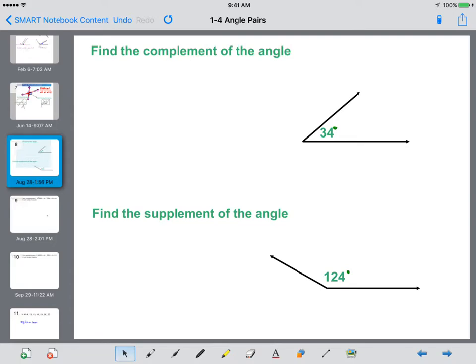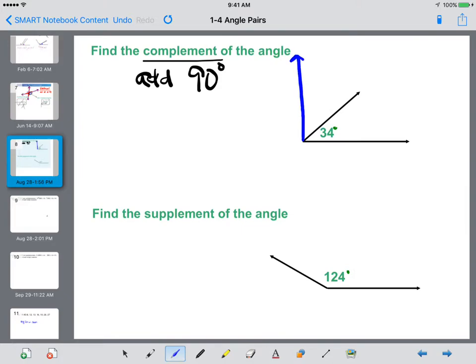All right, find the complement of the angle. Complement in this case means we need to figure out what other angle we need in order to add to 90 degrees. So if we had an angle here of 34 degrees and we wanted to get to 90 degrees, what would this angle have to be?